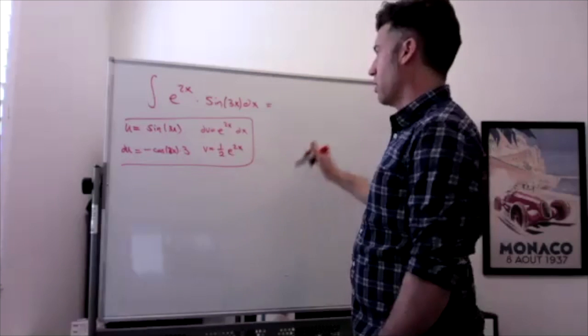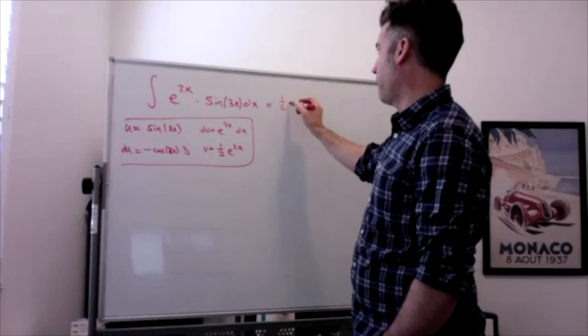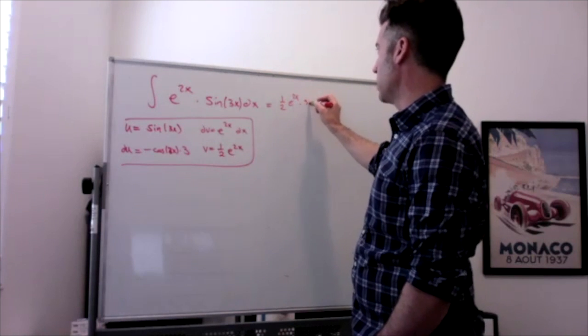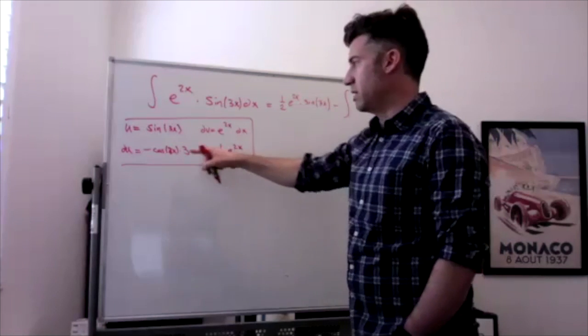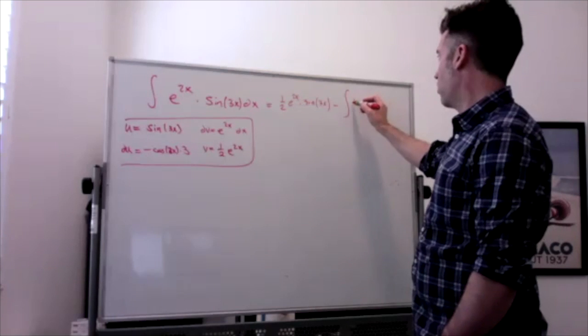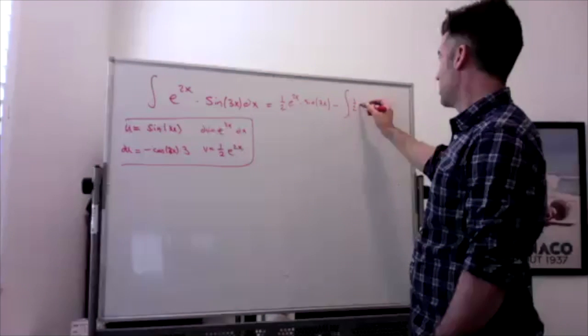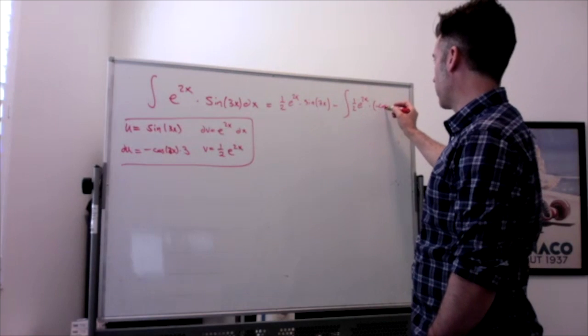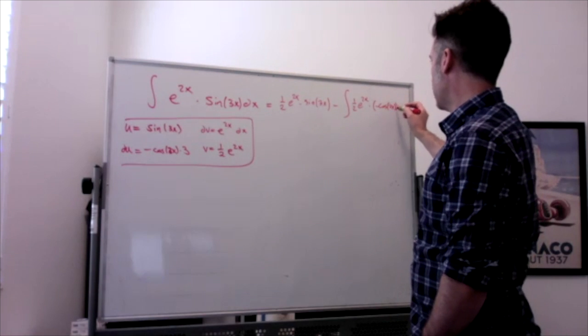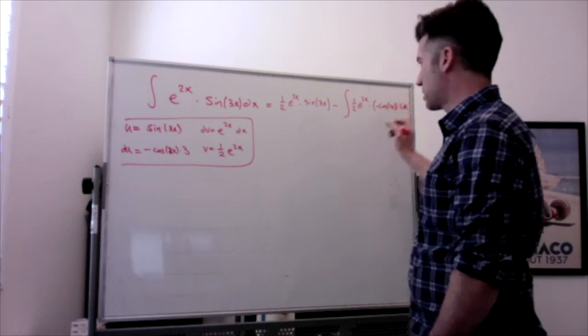The uv, so 1/2 e to the 2x times sine of 3x minus the integral of v du. So it's going to be 1/2 e to the 2x times negative cosine of 3x times 3 dx.